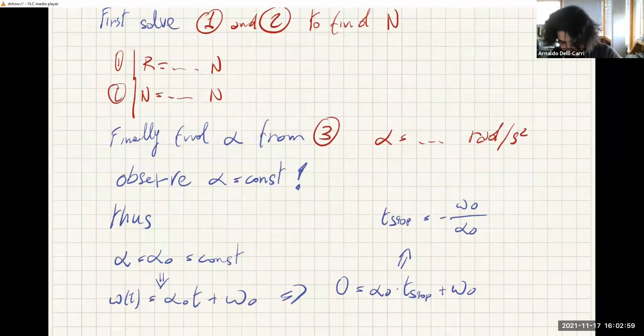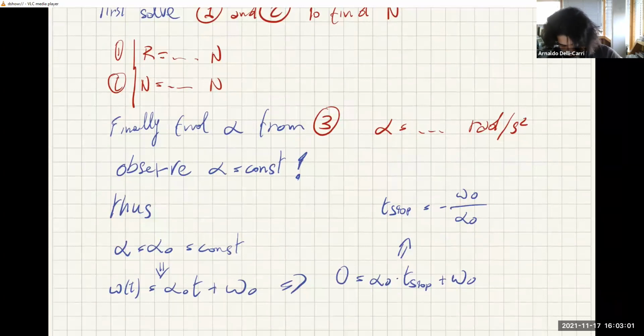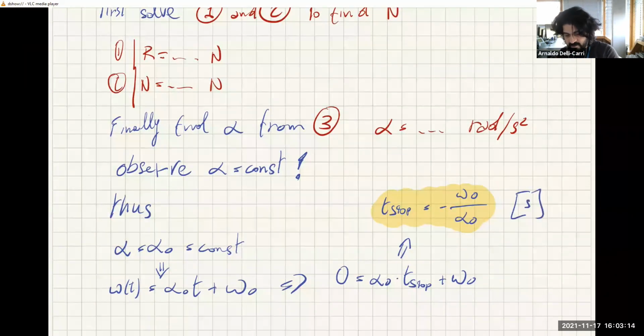So this looks like a contradiction, but it's not. And let's have a look if it's in seconds, and it is in seconds, because radians per second divided by radians per second squared is seconds.